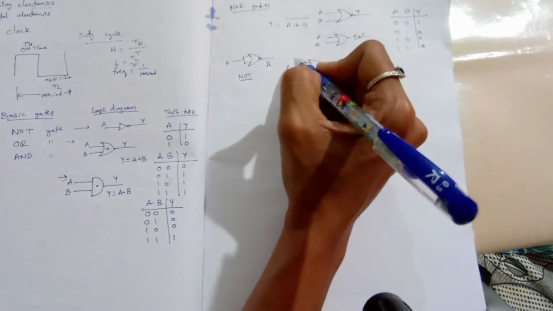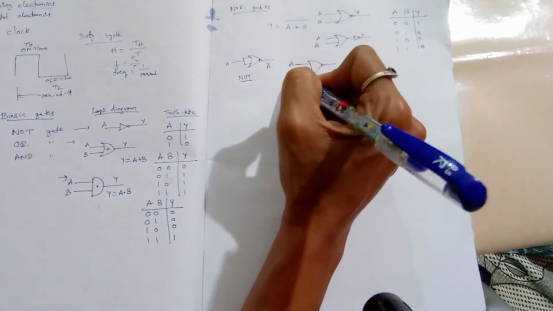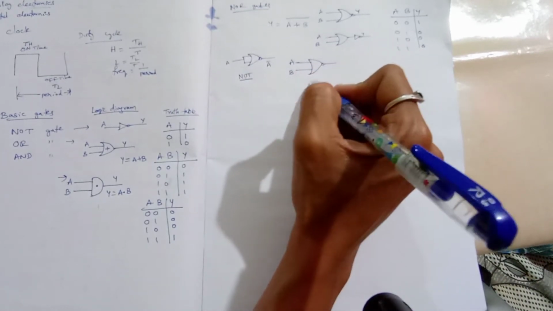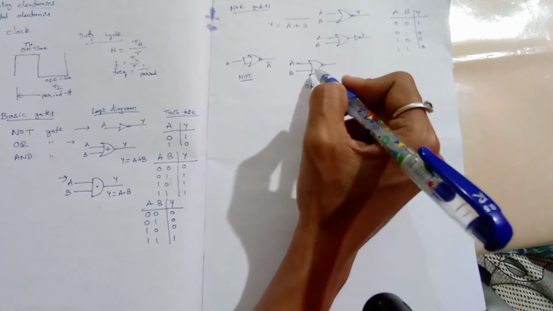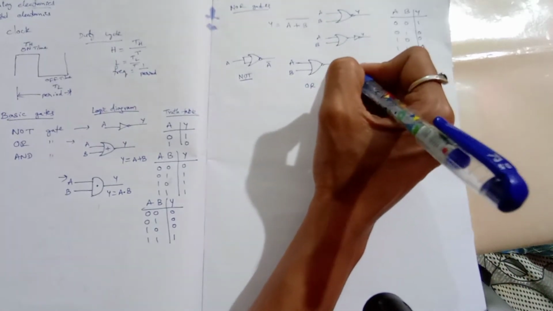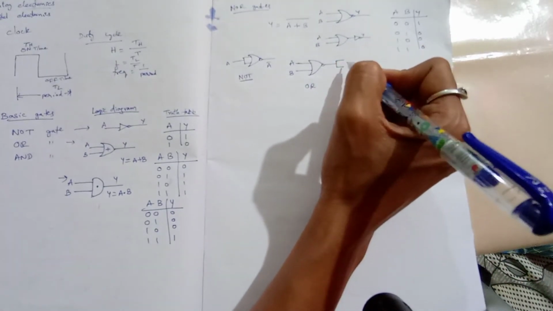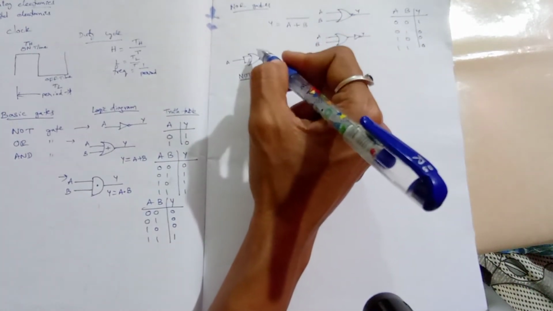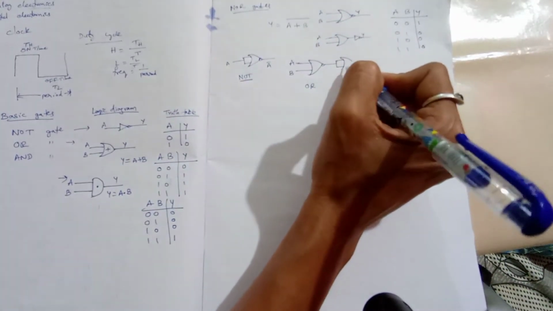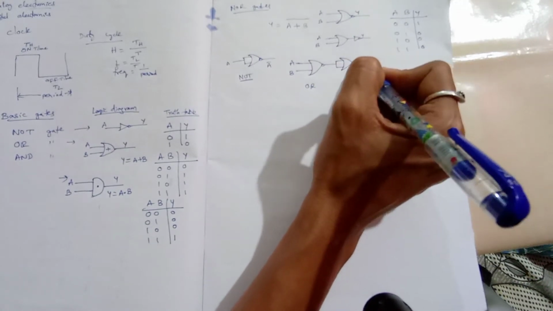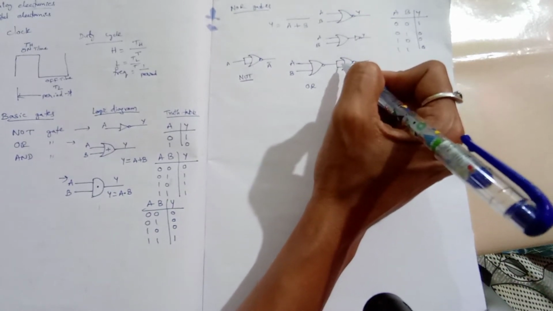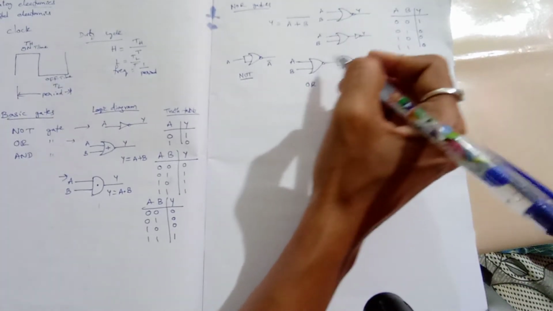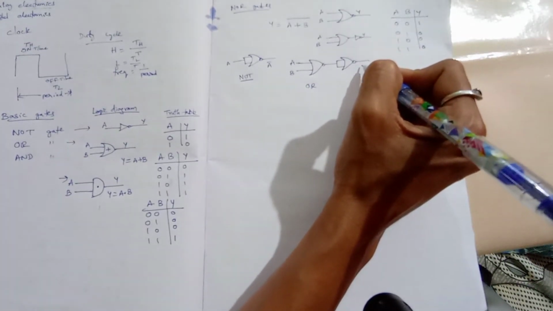Now we'll see for OR. This is NOR connecting to NOT gate. Already this NOR is working as NOT gate. So draw that single input NOR gate. Now we'll check the truth table.